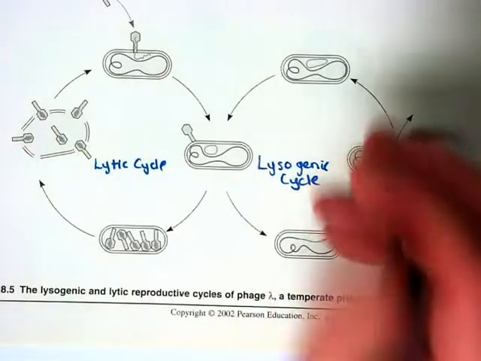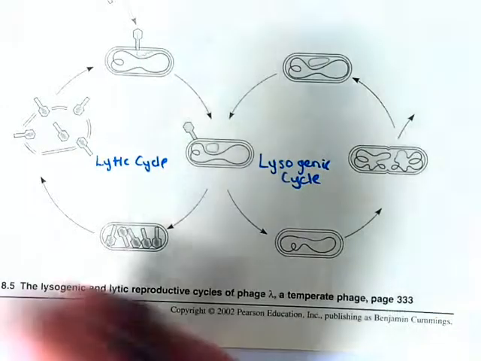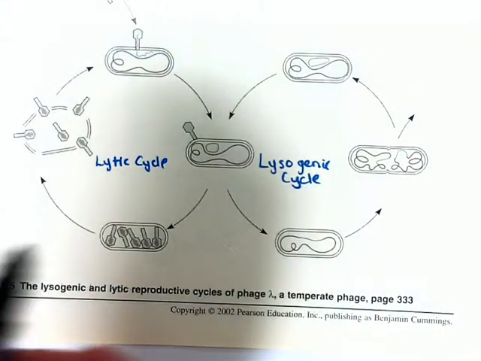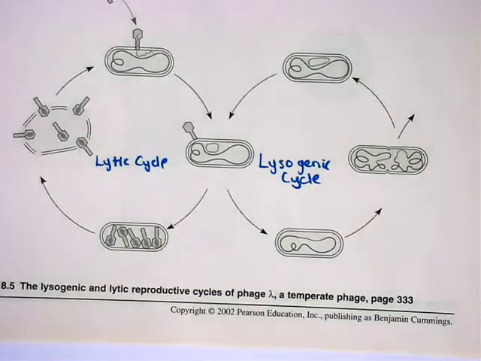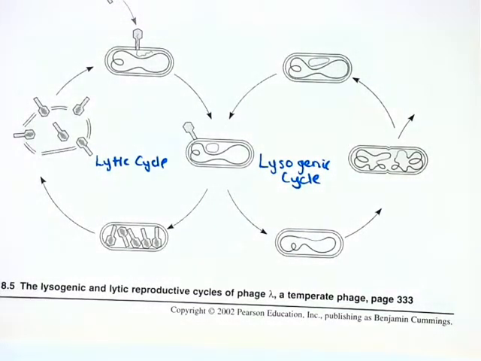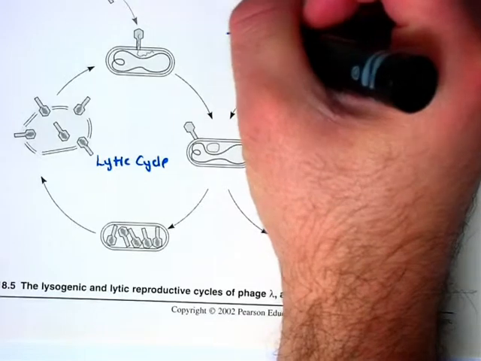It's like the DNA is incorporated over here, and then over here you're just all about making new viral particles and releasing them. So I want us to understand that you can have both of these going on, even in the same virus. Some viruses have the ability to, if you will, go around and do both of these types. If you have a virus that can do both types of the cycle, we would say that that's called a temperate phage.